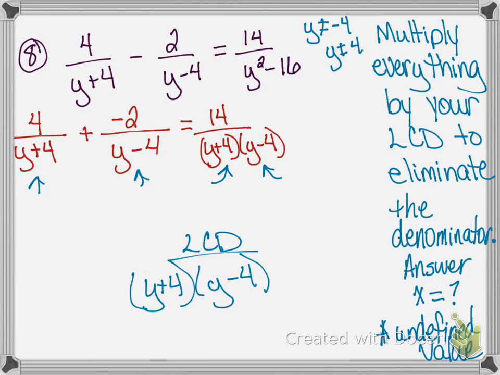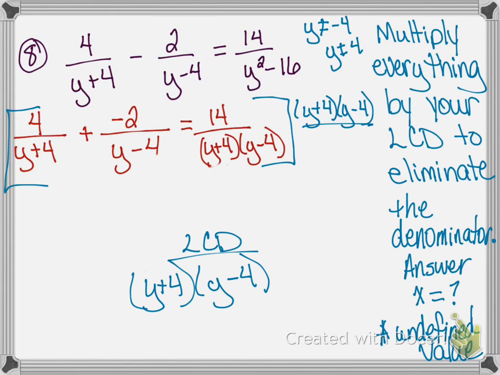So what I'm going to do now is multiply everything, and this is when you get to find out if I write small enough. I'm going to multiply everything by y plus 4 times y minus 4 over 1.